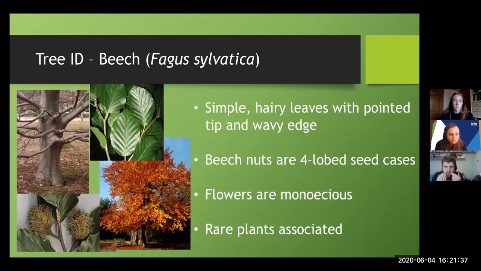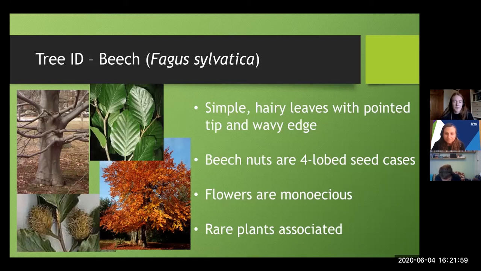Their seeds are beech nuts, which are encased in little fluffy things. I think I used to get them confused with conkers, which they don't really look like, as they're a lot fluffier looking, whereas conkers are quite spiky.